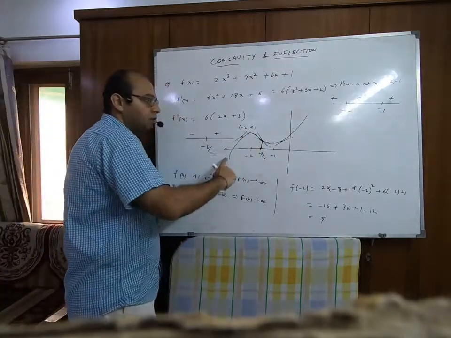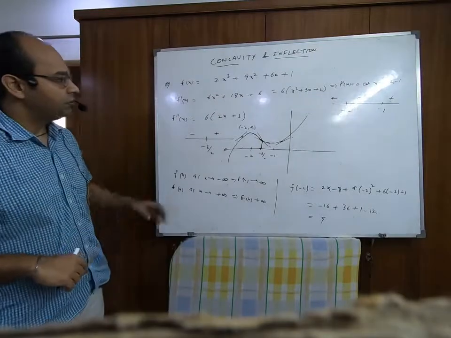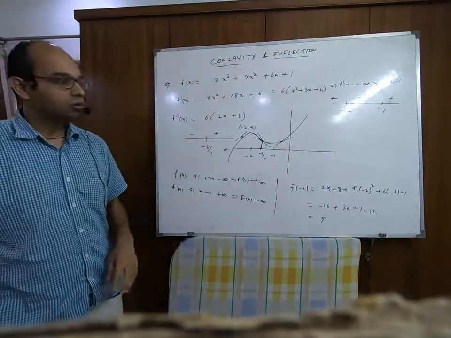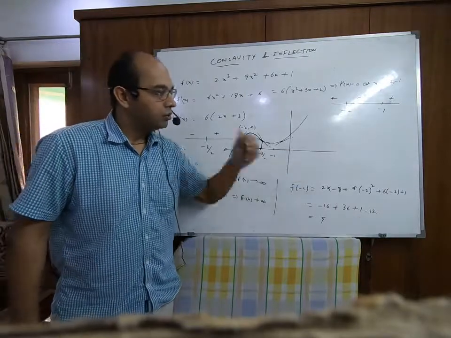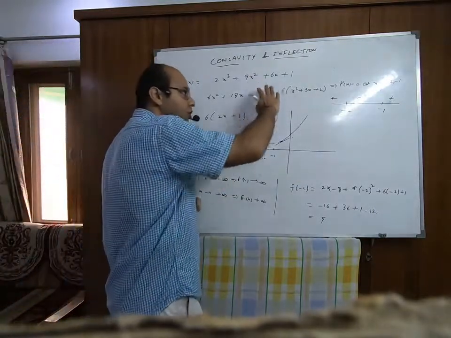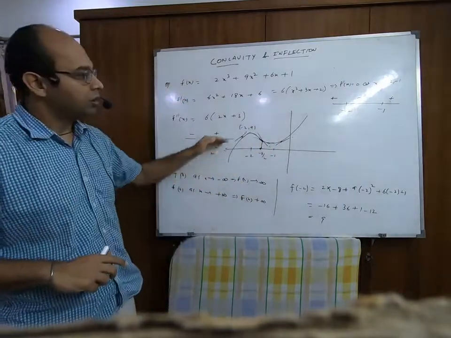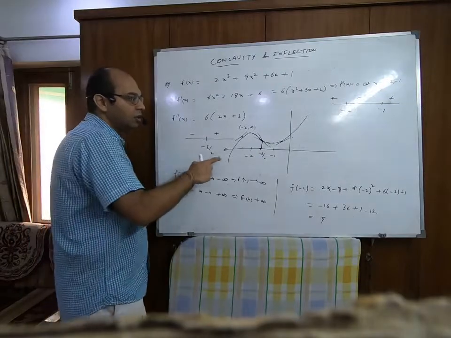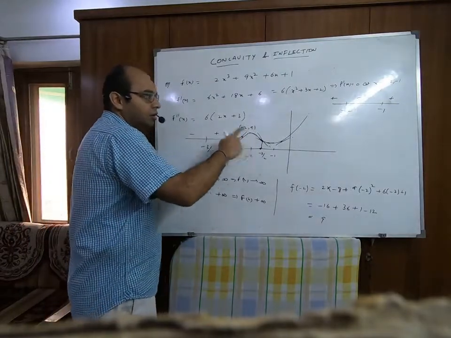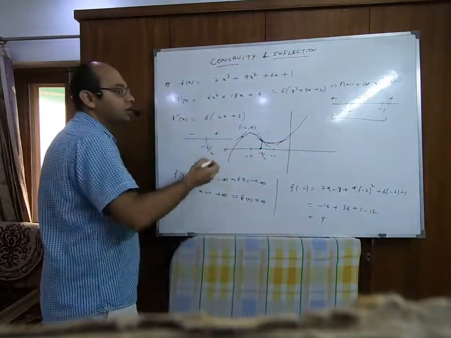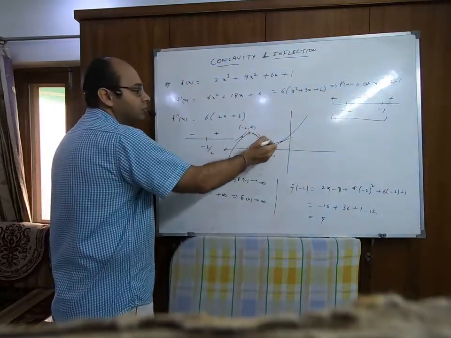So the portion where f double dash x is negative is called concave down. The portion where f double dash x is positive is called concave up. We use multiple things in plotting a graph, knowing the shape of the graph. It is the concavity, it is the increasing and decreasing nature, and it is the value of the curve at some few points.